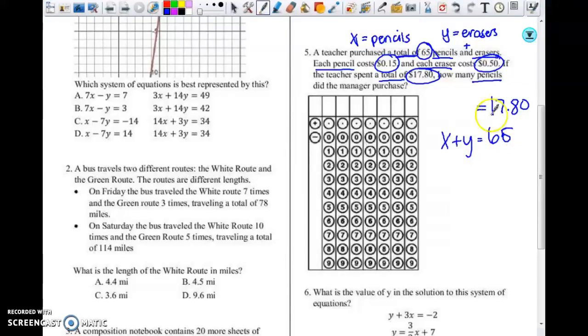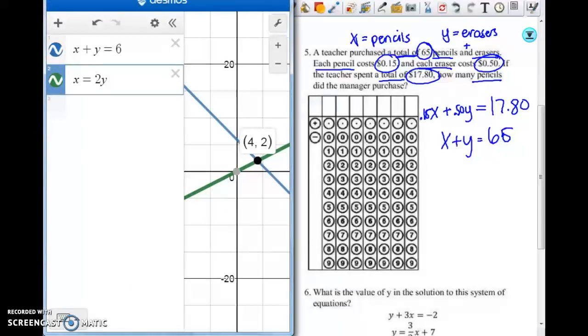And remember, when we're talking about money, my pencils, which was x, were 15 cents, and the erasers were 50 cents. So together, they cost $17.80. So let's go ahead and put our system in.